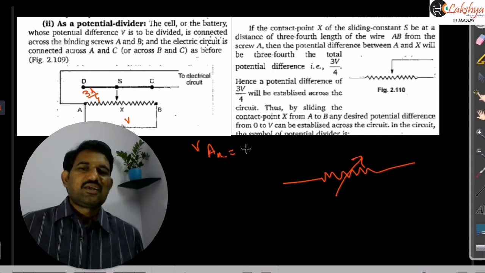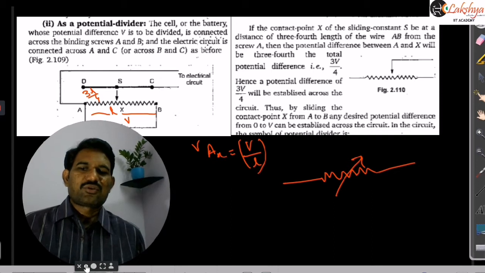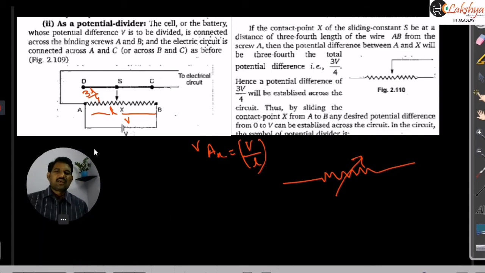This total potential difference V is acting for a length of L, if you take L as the length of this wire. Then the potential drop per unit length you can write as V/L, into our required length of 3L/4. So the potential difference across AX we can write as 3V/4.